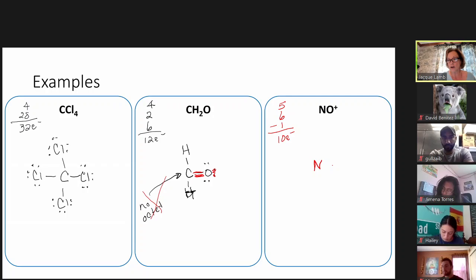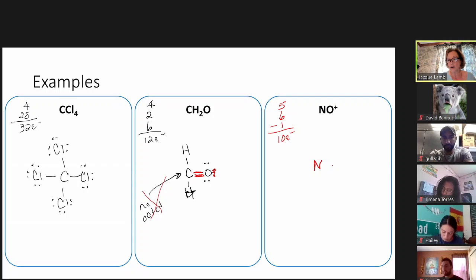But if I put my octets around both atoms, you'll see that I have 2, 4, 6, 8, 10, 12, 14 electrons, which is too many. So now I have too many electrons in my structure, and I'm going to have to add double bonds to fix that.